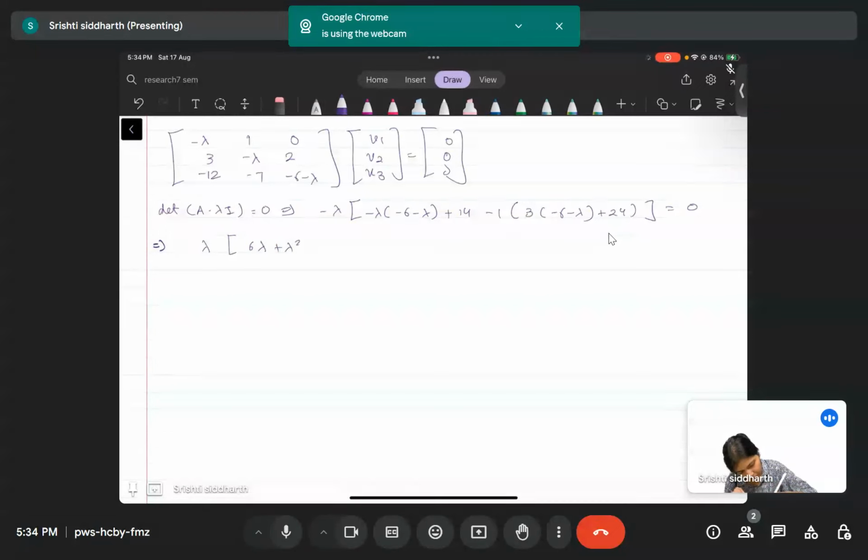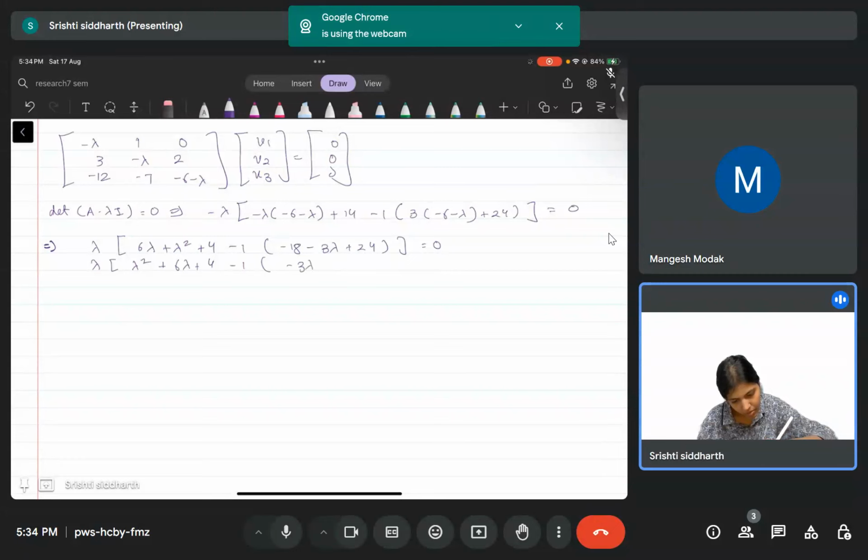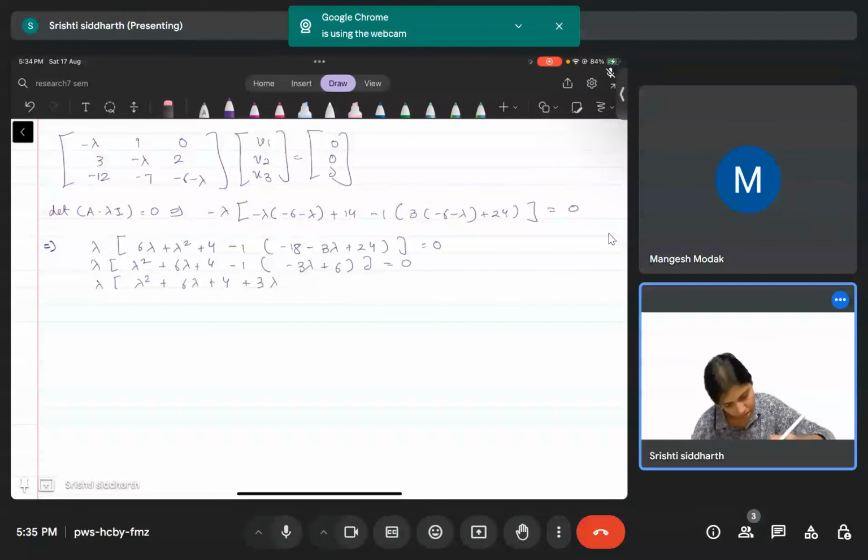Lambda plus lambda squared is 4. Minus 18, minus 3 lambda plus 24. This is minus 3 lambda plus 6. This is 0, so it will be plus 3 lambda minus 6.